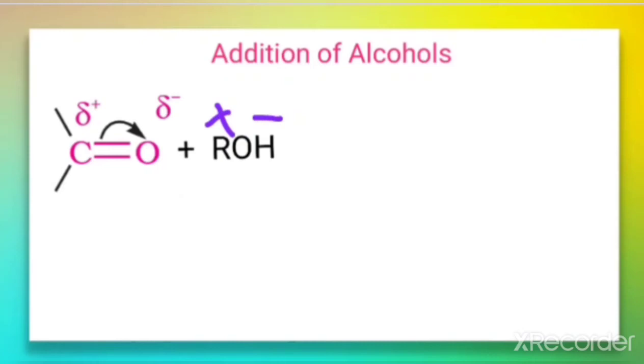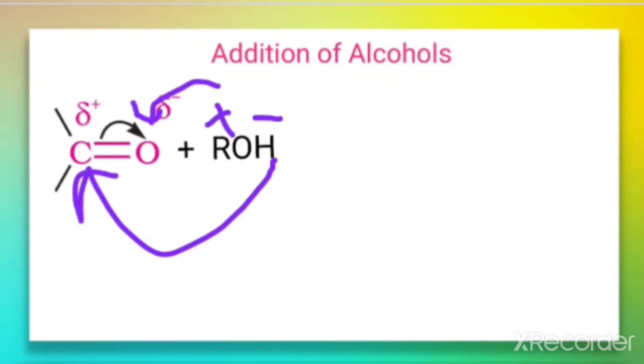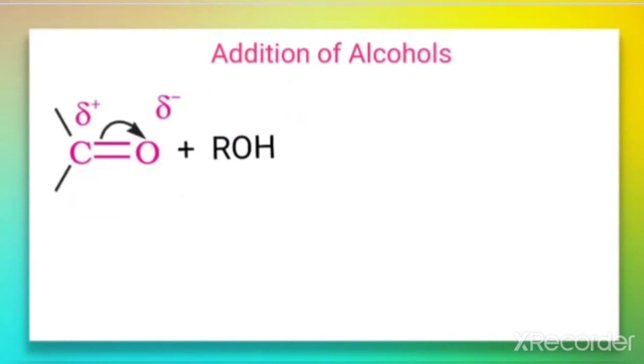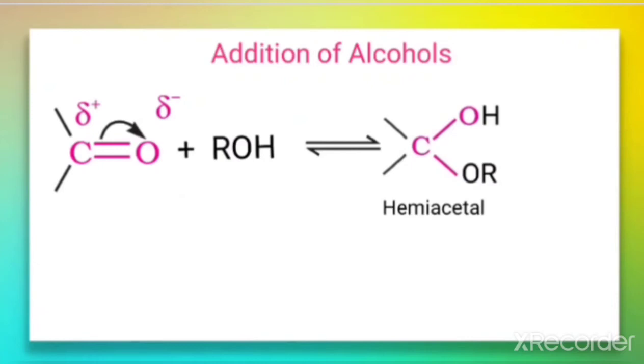So the positive part will get attached to the partially negative oxygen, and the negative part gets attached to the partially positive carbon of the carbonyl group in aldehydes and ketones. In this way, what will we get as the product? An intermediate which is called hemiacetal. It is an important word, hemiacetal.